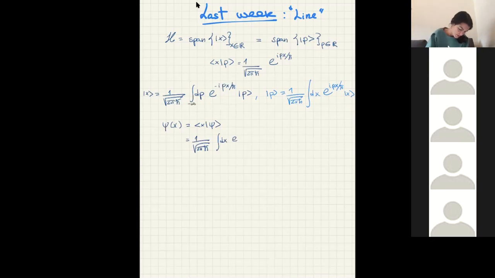I could write this here, but I will not write it all the time because it just gets very cluttered. So this is how we go from the momentum wave function to the position wave function. And the same here. So this is all old news.